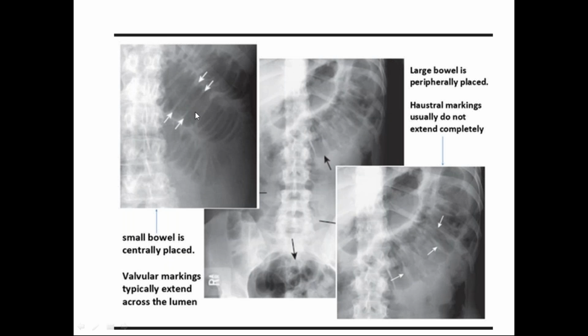The small bowels have mucosal folds called valvulae conniventes, and we can also see them in dilated small bowel loops. In the large bowel, we see haustrations, which are incomplete, whereas in the small bowel the valvulae conniventes are complete. These are incomplete markings within the bowel, and the bowels are seen arranged peripherally in the abdomen.